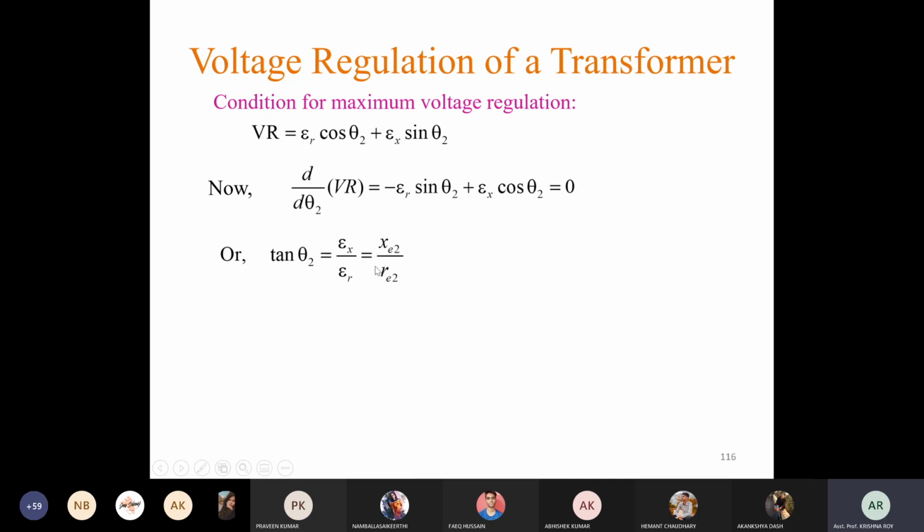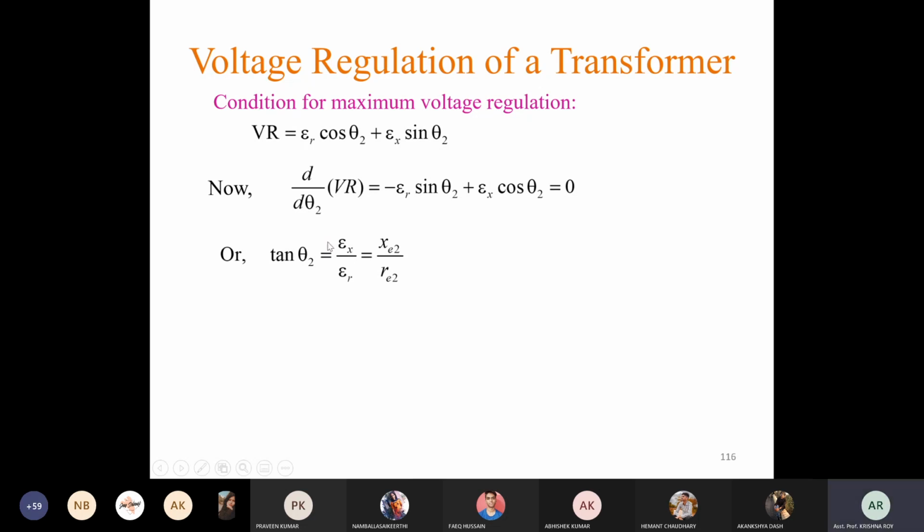So the condition is tan theta 2 is equal to Xe2 by Re2, that means the ratio of per unit reactance to per unit resistance. Since the base impedance is the same for both, we can directly write that the ratio of equivalent reactance to resistance is equal to tan theta 2, the tangent of the load power factor angle.